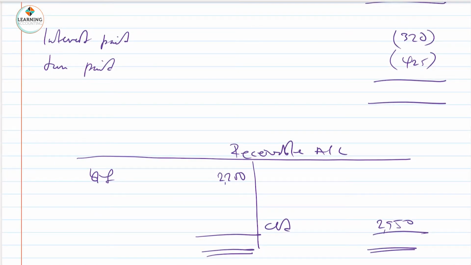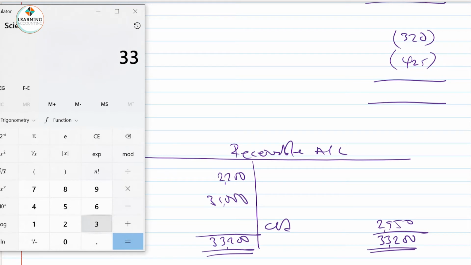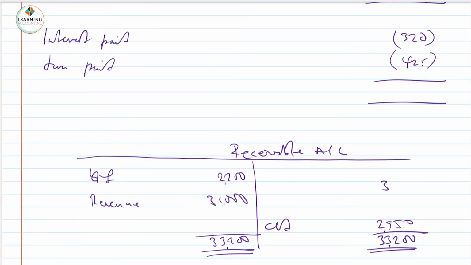So we have revenue 31,000, and this gives us 33,200. 33,200 minus 2,950, and that gives us 30,250. Again, the balancing figure here, this is our cash received.